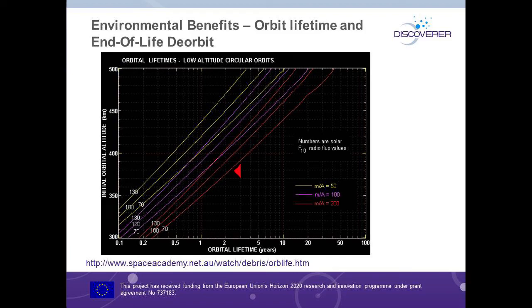And we're looking at lifetimes at the very most of a few years, down to tiny fractions of years. So if you have VLEO satellites, when they reach the end of their operational lives, they're going to come down very quickly, which again means no debris pollution problems from that. So these are the environmental benefits, effectively. They're really helpful for us.